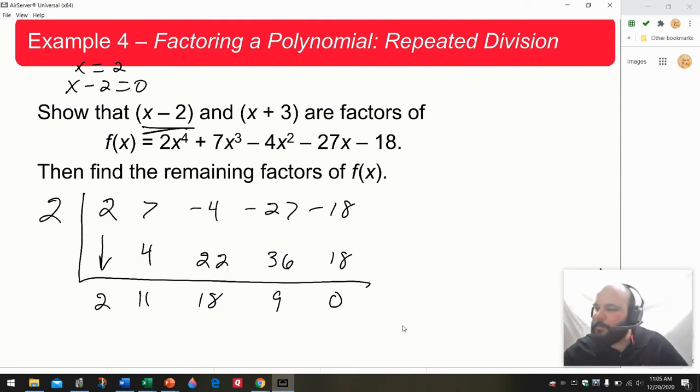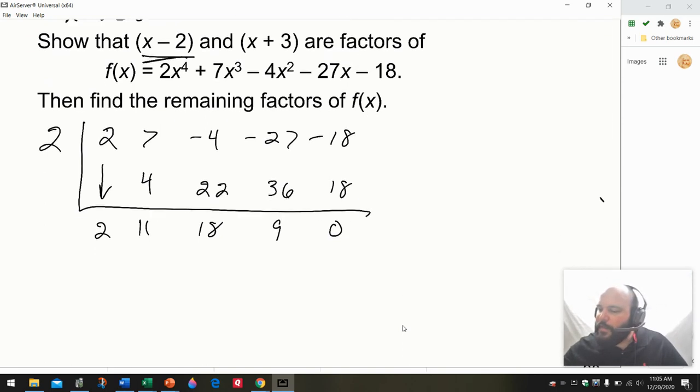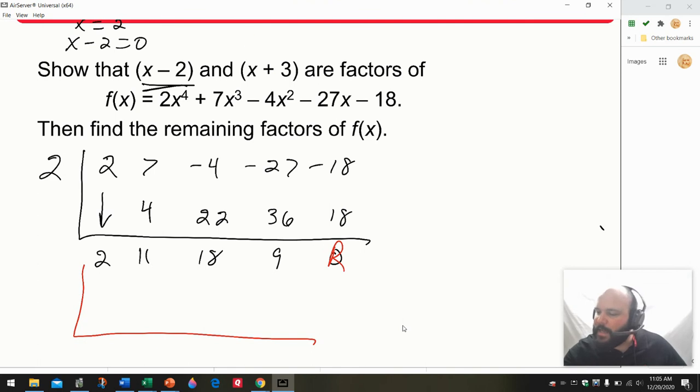Now, here's the thing to keep in mind. Rather than doing this all over again with x plus 3, I'm going to continue dividing it out further. The thing to label this is your remainder, so we're not going to use that in the next division problem. So I'm going to set up synthetic division again, but this time I'm going to set x plus 3 equal to 0, and I'm going to get x equals negative 3.